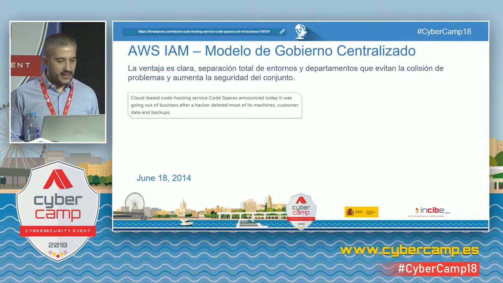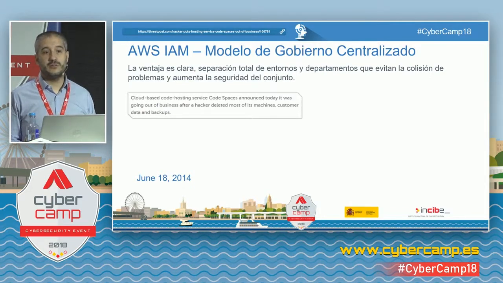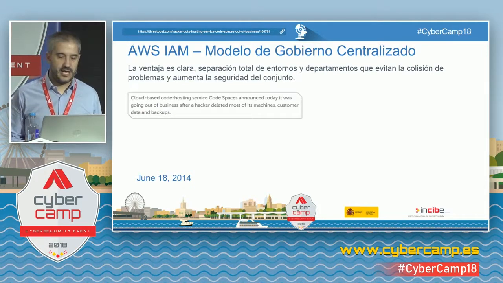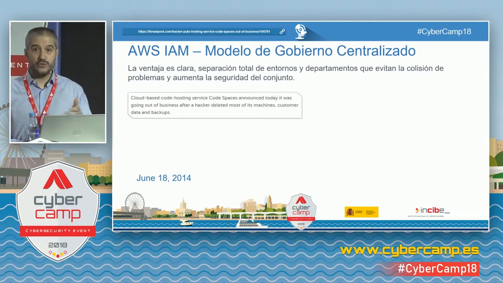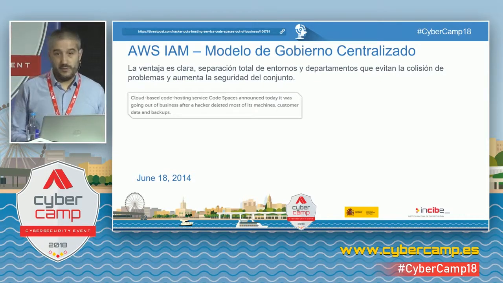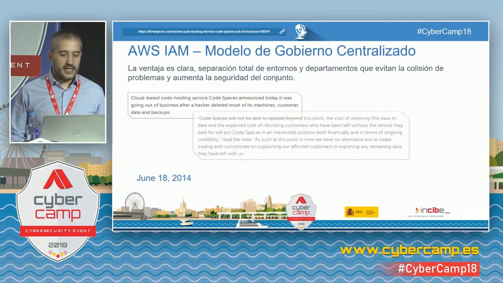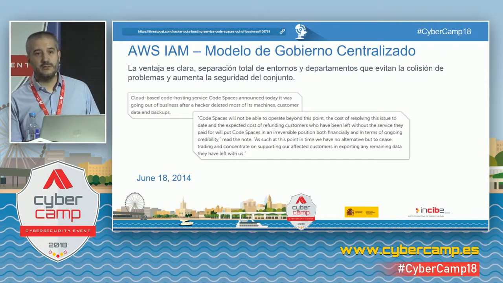In 2014, a company, CodeSpace, one day suddenly announced they were closing down. Why? Because somebody had accessed their system and had erased everything they had on Amazon. Somebody found the root user, the main user, or the only user, and erased everything.